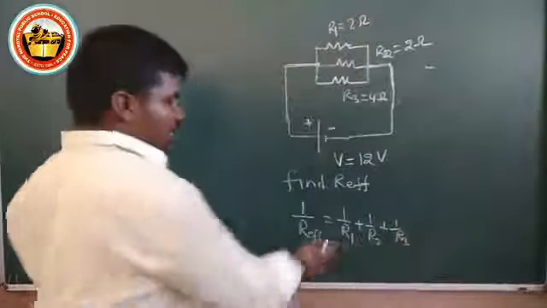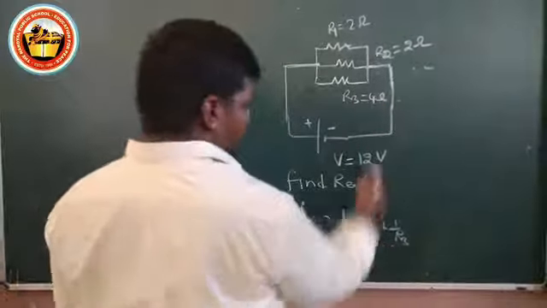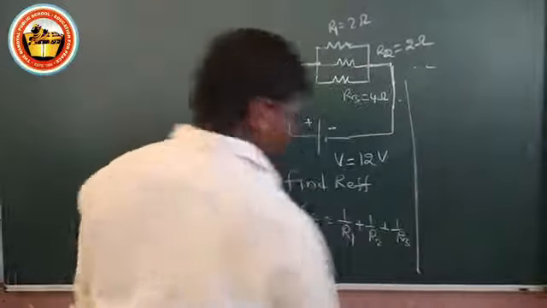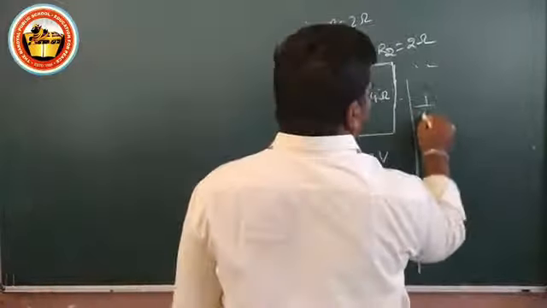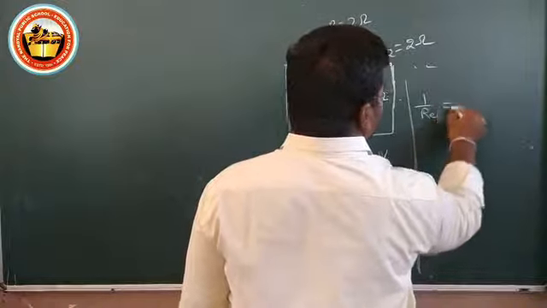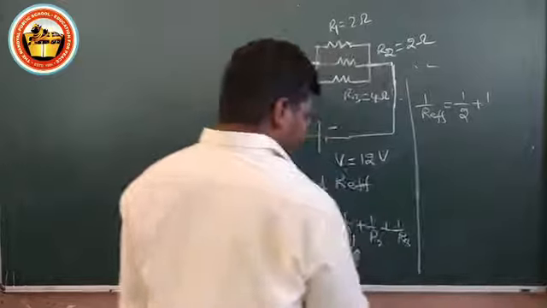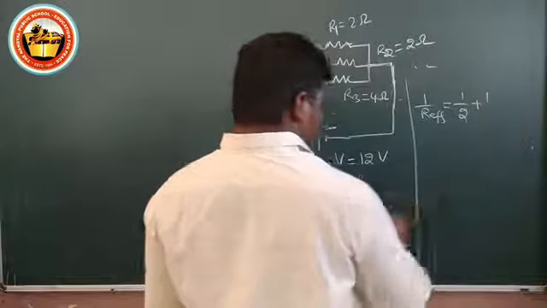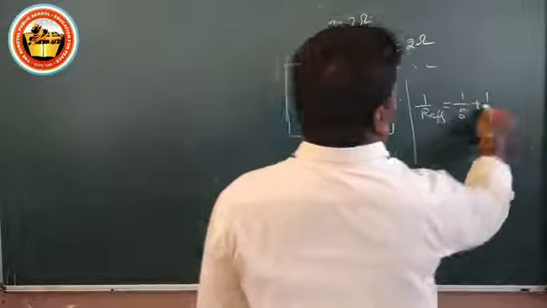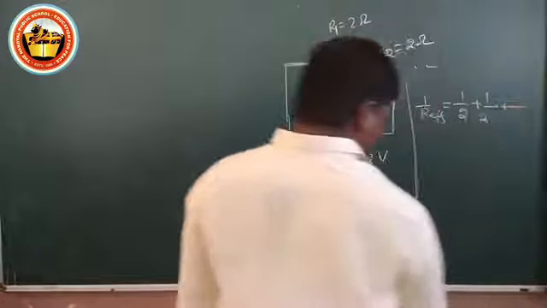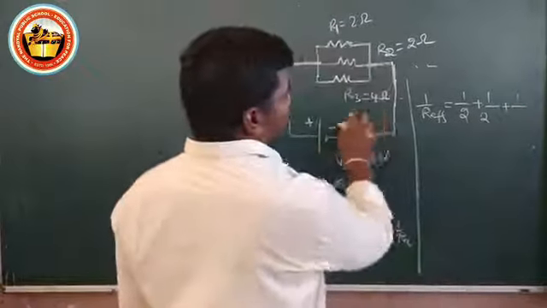We substitute the R1, R2, R3 values in the given formula to get the effective resistance. 1 by R effective is equal to 1 by 2 plus 1 by 2 plus 1 by R3, where R3 is equal to 4 ohms.